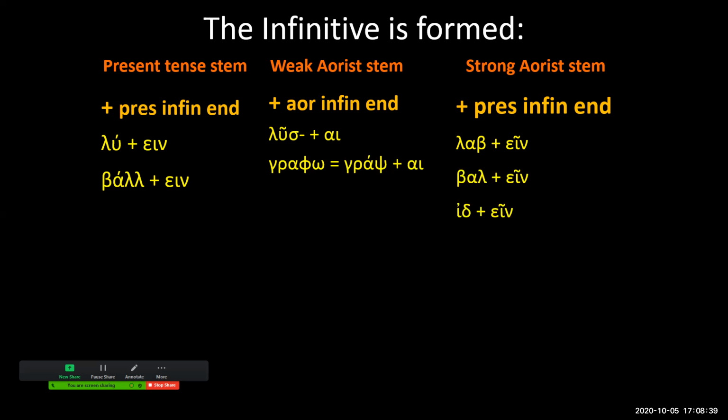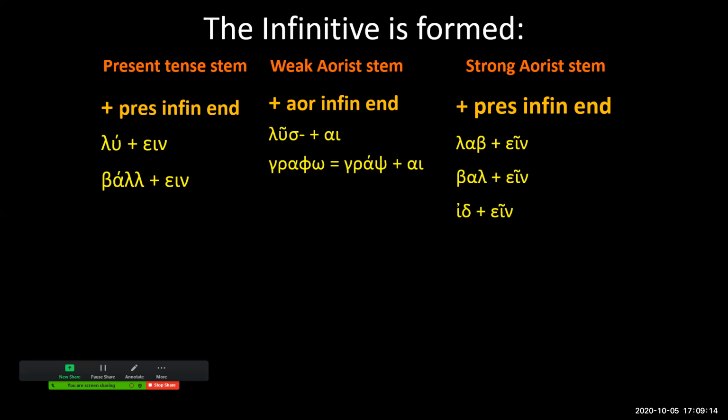Idein is the strong aorist of see. It means to see. Isn't the present stem horao or the present verb I see? Yes. And the strong aorist is eidon, I saw. Yes, but this is not the indicative mood. This is the infinitive. So drop the augment from the eid, and then you have id.